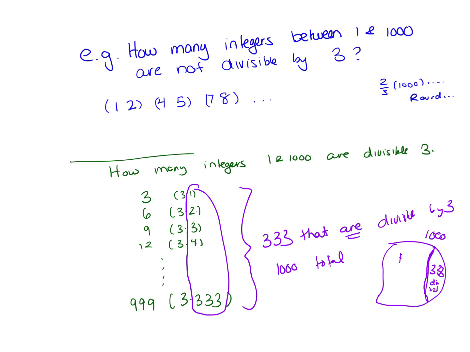And so I have 1,000 minus 333 that are not divisible by 3. So that's my 1,000 minus 333. So that means I have 667 not divisible by 3. So this is an example where we used that subtraction principle, so it was easier to calculate the complement of that set, so we did that instead.